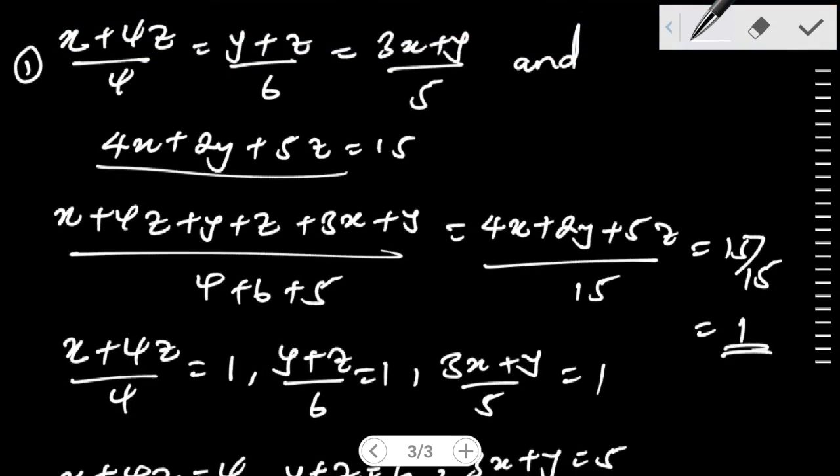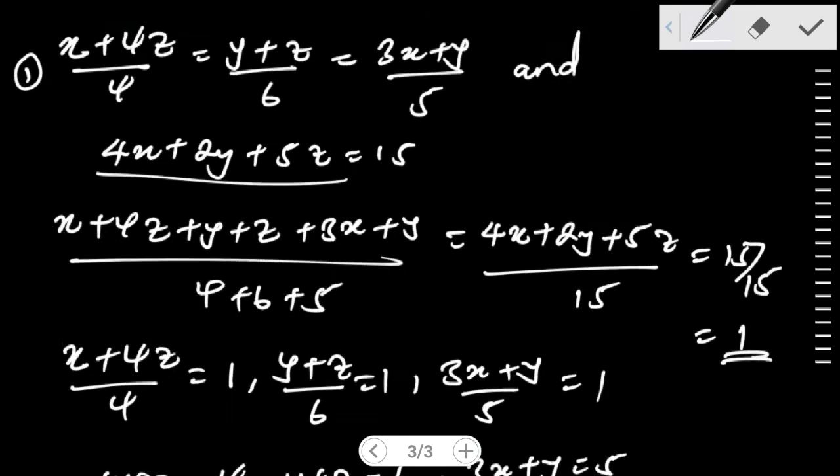There are places where this method does not apply, and for those I'm going to give you a different method of working it out using the ratio theorem. So let's jump into the second method.